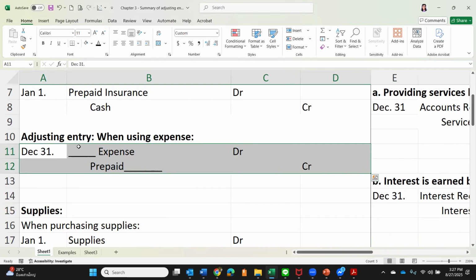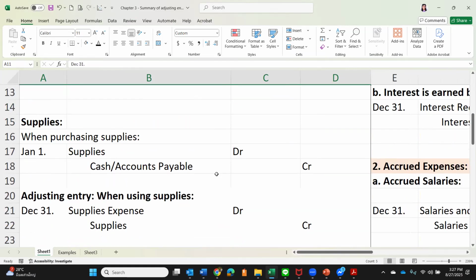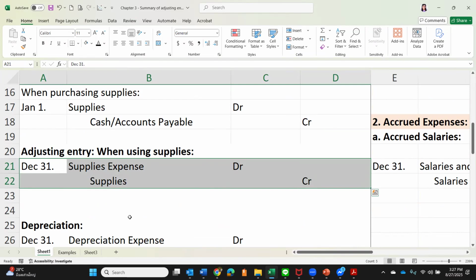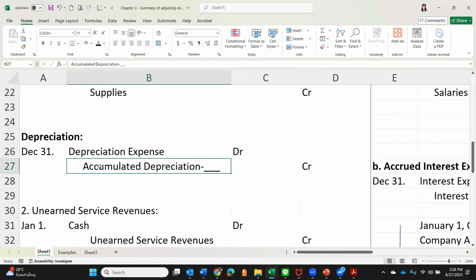It can be insurance expense, credit prepaid insurance, or rent expense, credit prepaid rent. Now, the adjusting entry for supplies will be, when we use the supplies, we will debit supply expense and credit supplies.